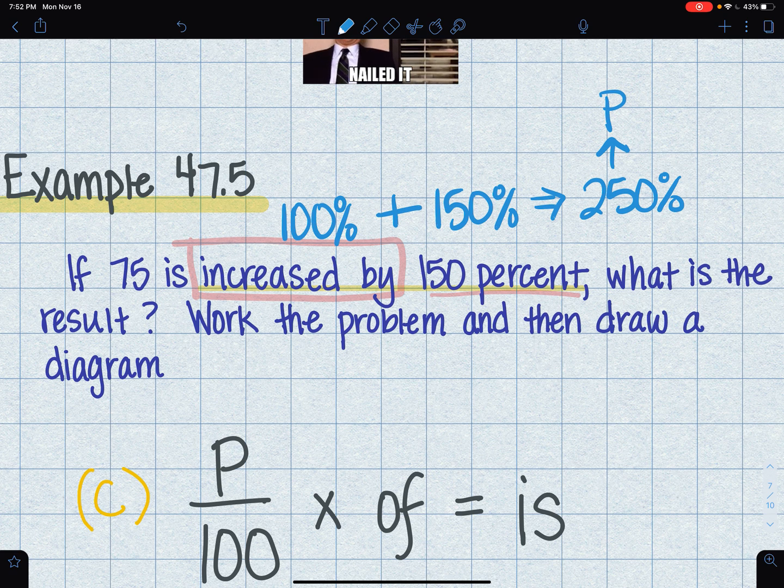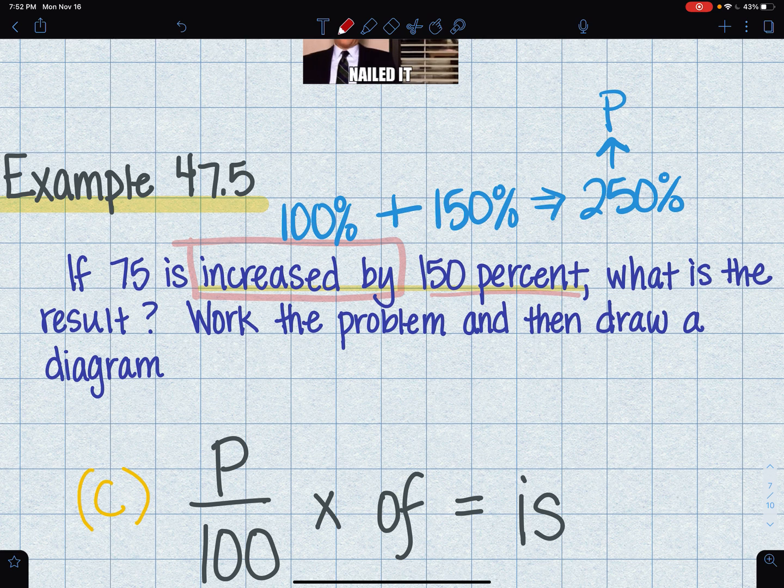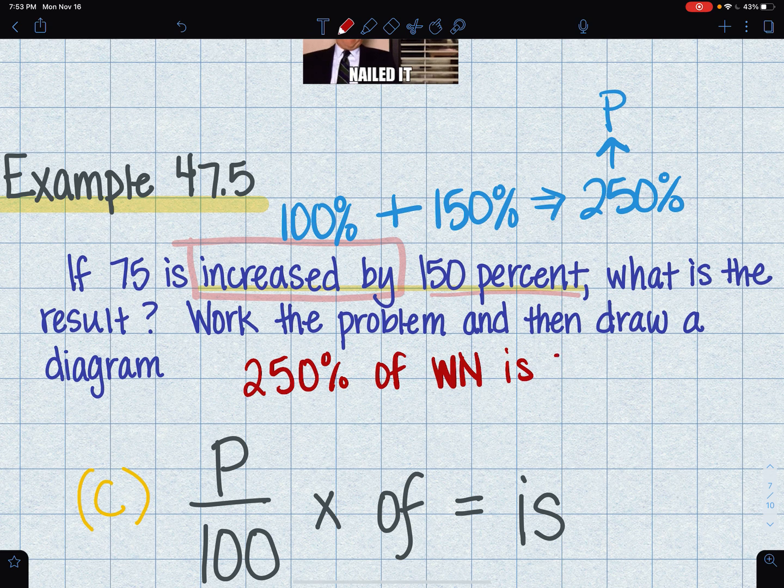If 75 is increased by 150%, what is the result? So I would say, if I had to put it in the form of and is, I might rephrase it like, let's see, 250% of what number is 75? If 75 is increased by 150%, what is the result?